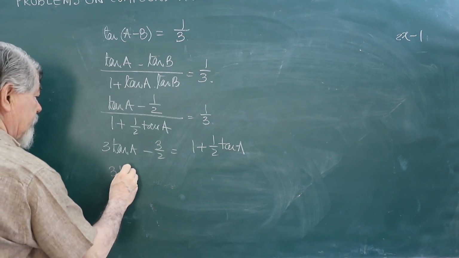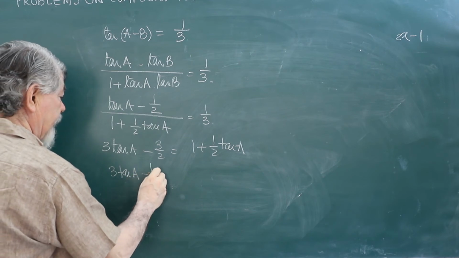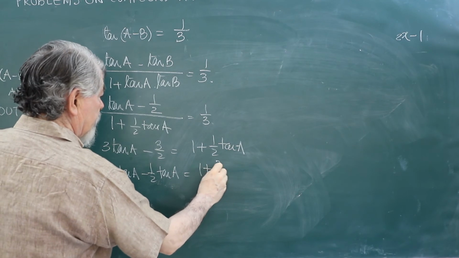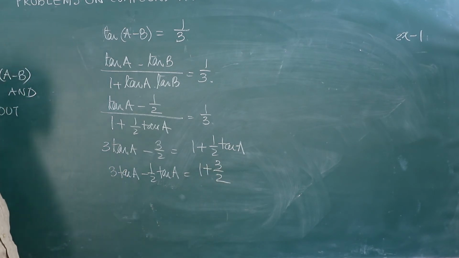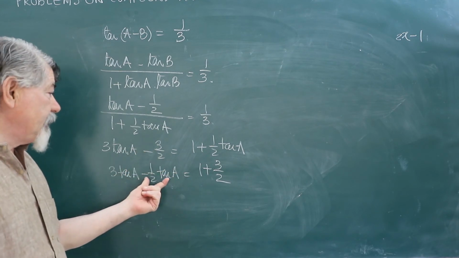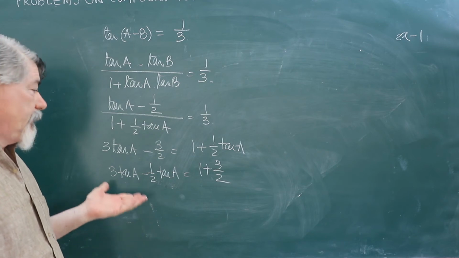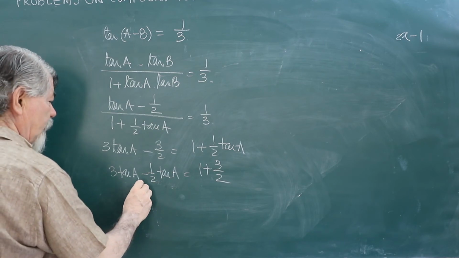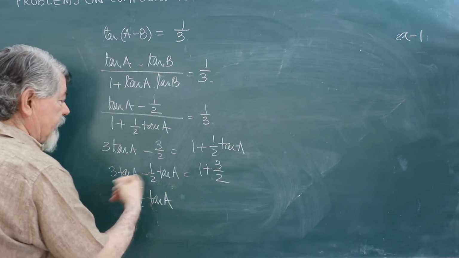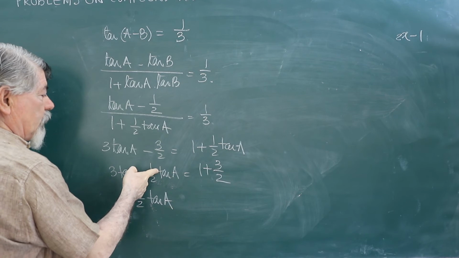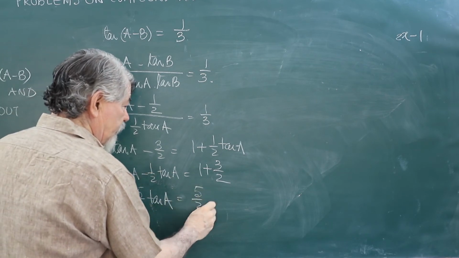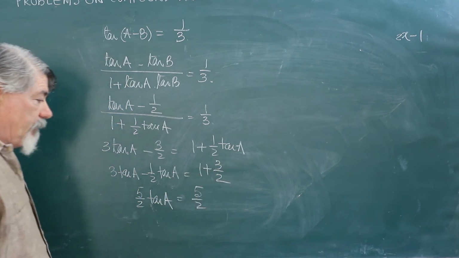Now 3 tan A minus half tan A will be equal to 1 plus 3 upon 2. We brought tan A terms to one side and constant term to the other side. 3 tan A minus half tan A, so it will be 2 and a half tan A or 5 upon 2 tan A. 3 minus half: 2 3s are 6, 6 minus 1 is 5, 5 upon 2 tan A. And it will also come 5 upon 2 when you add 1 and 3 upon 2, 2 plus 3 is 5.